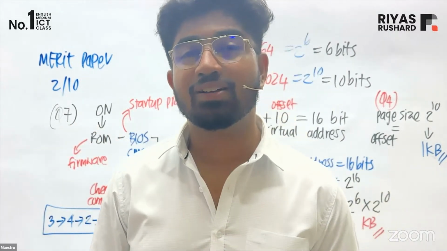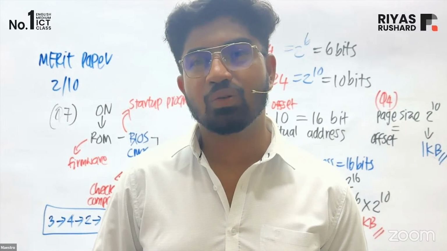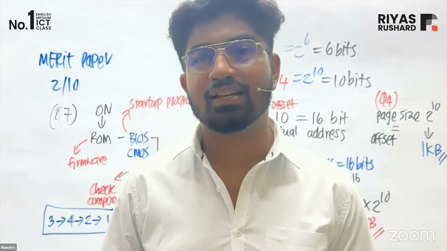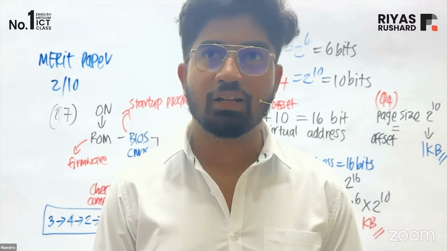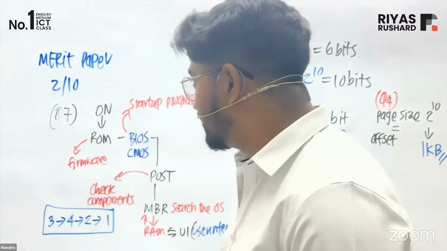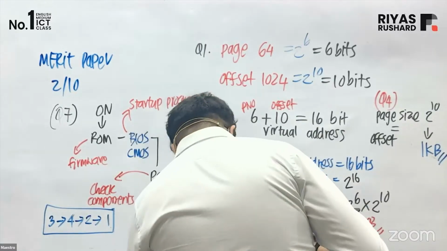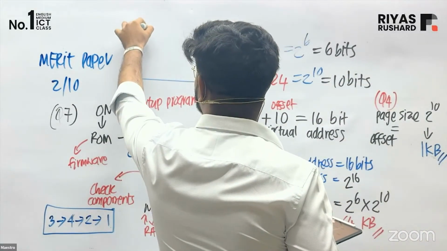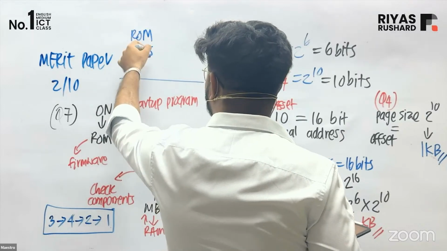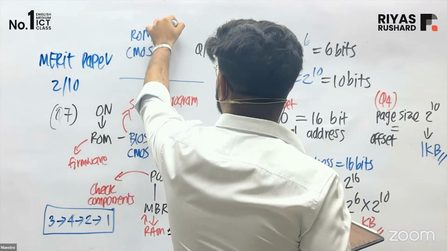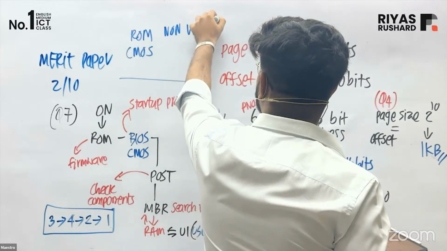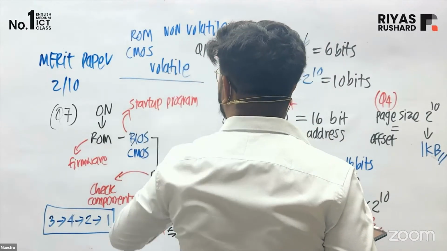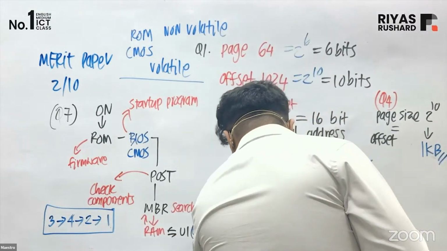Hold on. In the ROM and CMOS, ROM is non-volatile and CMOS is volatile. So the answer goes like this.